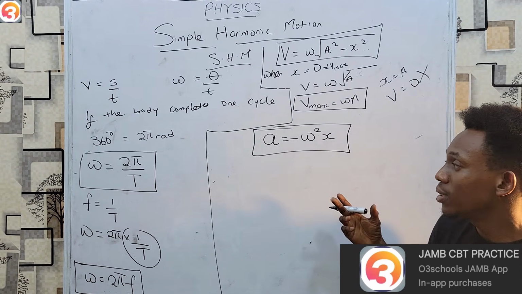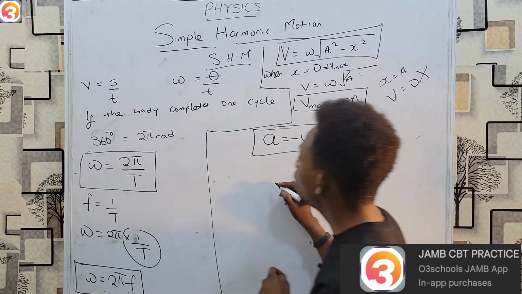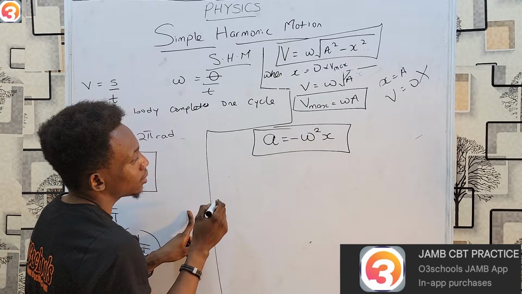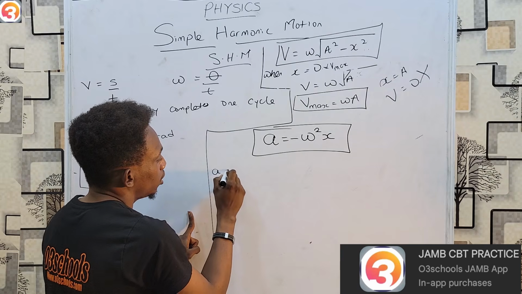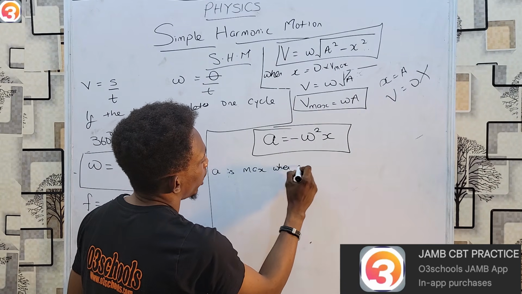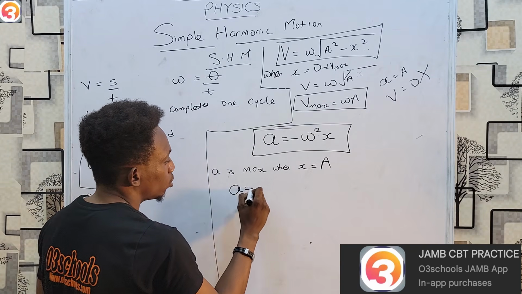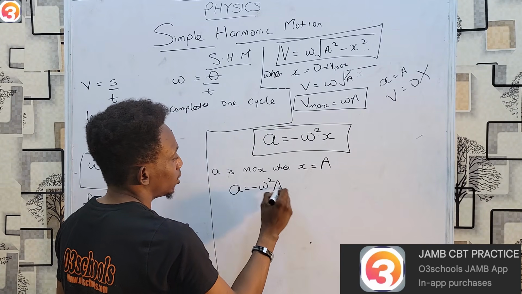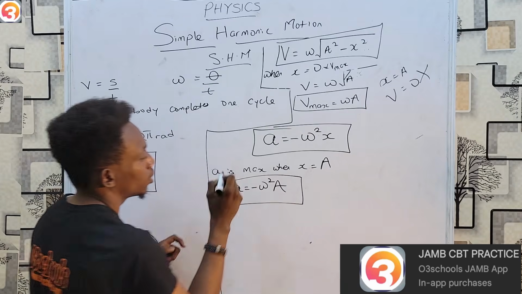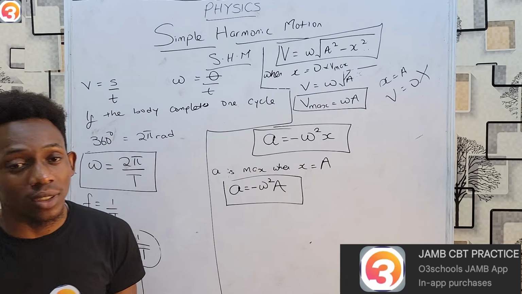Just remember your formulas. So a equals minus omega squared x. And for this one, I will notice that a is maximum when x equals the amplitude. That means a will be equal to minus omega squared a. Then obviously, if x becomes 0, a becomes 0.